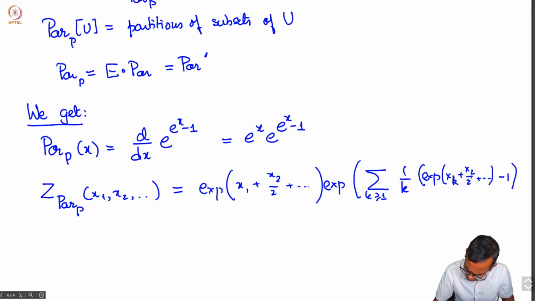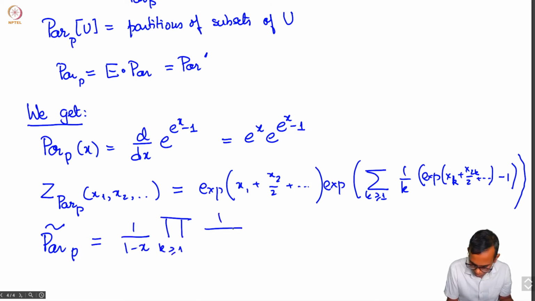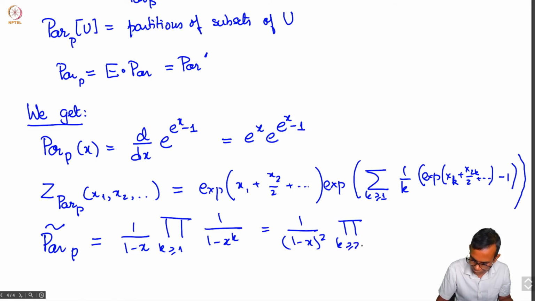This should be xk plus x2k, which you can again check by using calculus. And Par tilde P is just 1 over 1 minus x times product k greater than or equal to 1 over 1 minus x to the k. Or if you wish, you can write this as 1 over 1 minus x squared times product k greater than or equal to 2 of 1 over 1 minus x to the power k.